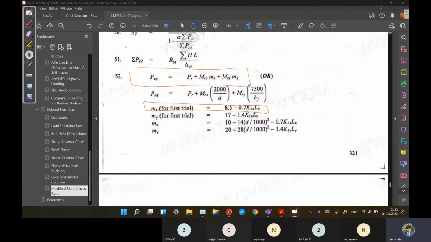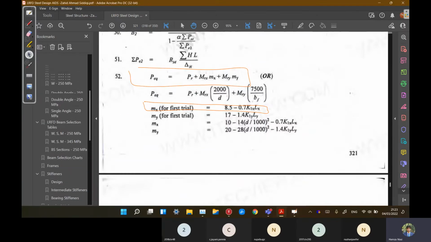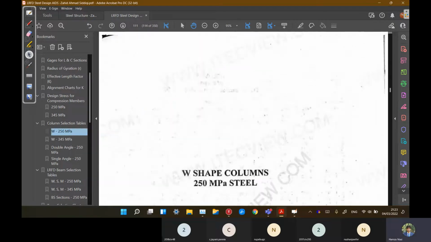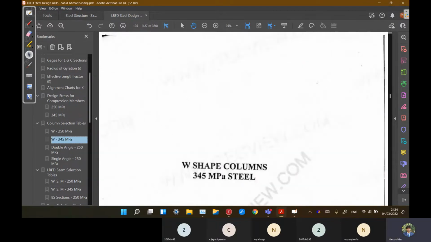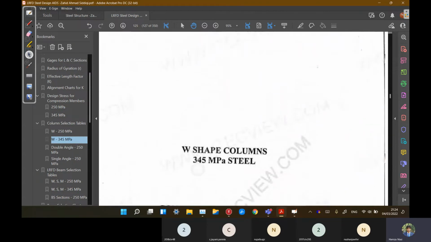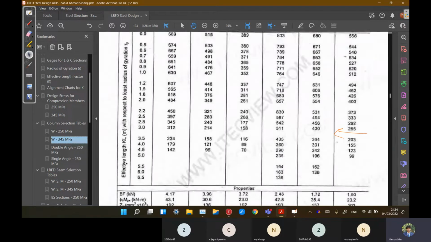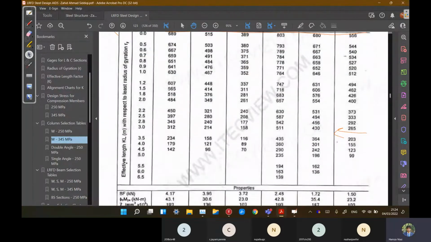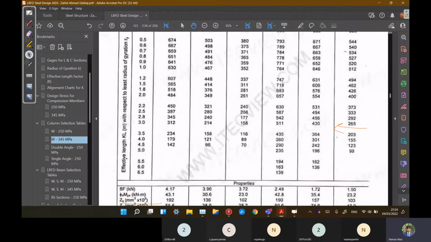We'll have to take these values and go to the column selection tables. These are for 345 megapascal. We are using 250, so these are for 250 tables. We'll start from the last page of these tables and go in the left direction like this.